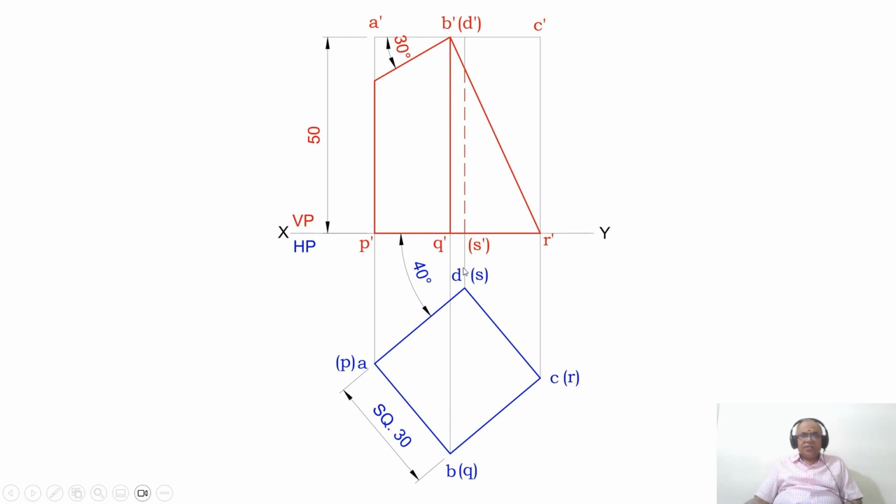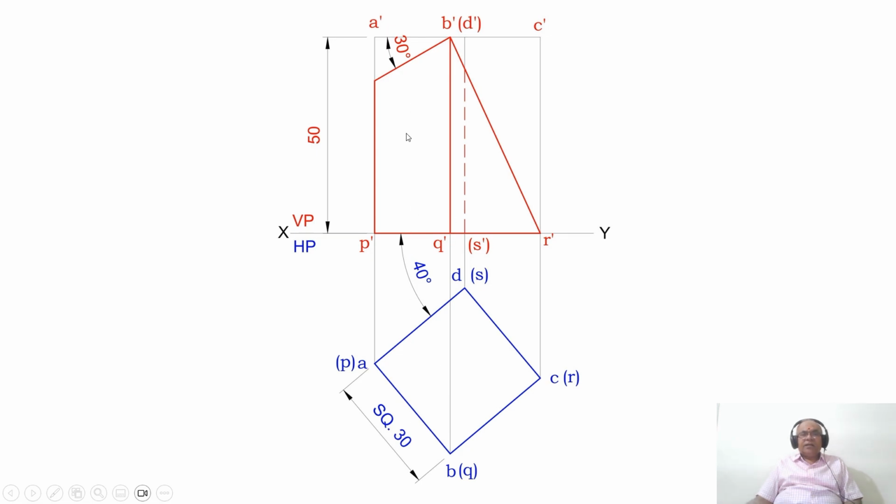If you take this position, then the dotted line will come to the right of this dark line, and this vertical face is inclined at 40 degrees to VP. I cannot take this onto the right side, because then the dotted line will come to the left and this dark line will come towards the right. So you cannot take that as the initial position. You have to take it only in this way so that you will get the front view in this direction.